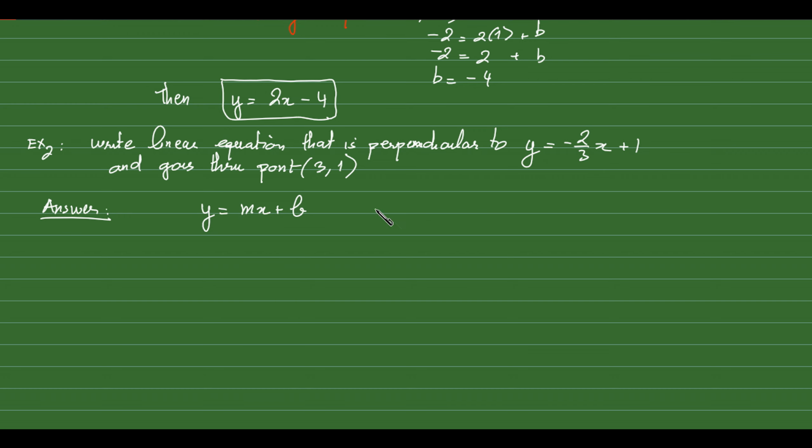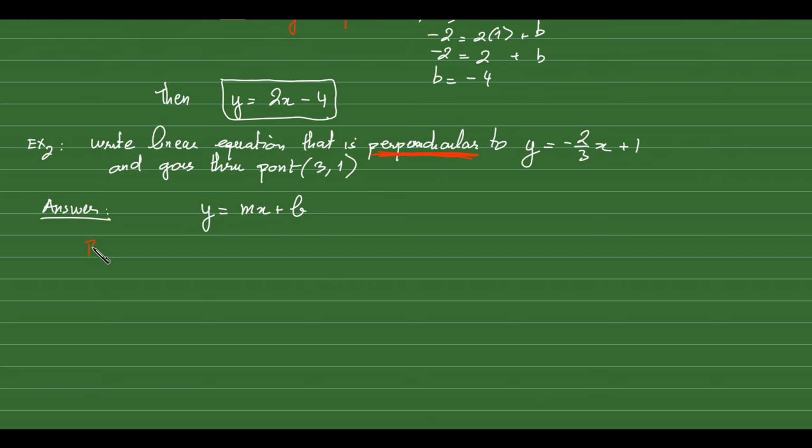Alright, so first of all we need to find m, right? And I already say perpendicular. The perpendicular information here tells us that the slope of the line we want to write will be the negative reciprocal of this one.